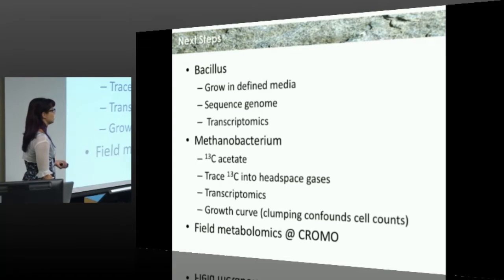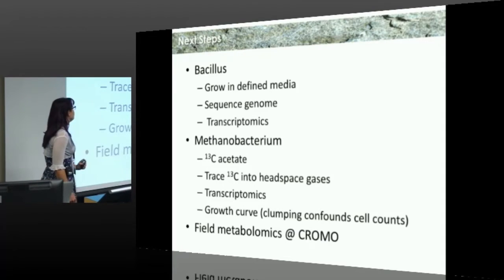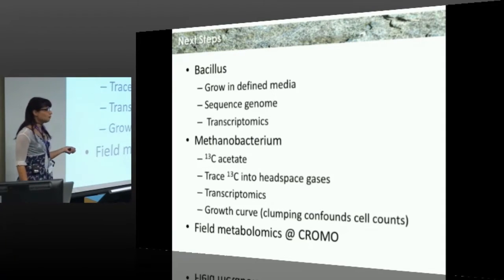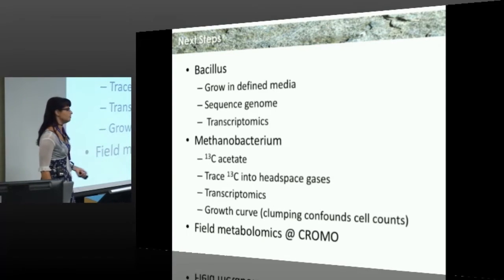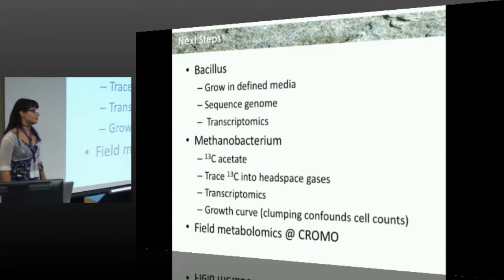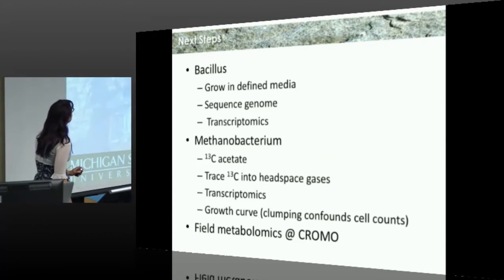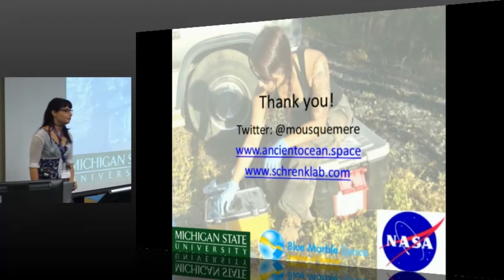It should be, it's gotta be going somewhere. And also look at the transcriptome and hopefully develop a better growth curve. We've been looking at protein assays as a substitute for doing direct cell counts. And we're also working on doing field metabolomics on environmental samples from Chromo. So with that, I want to thank you for your attention, and I'll take your questions.